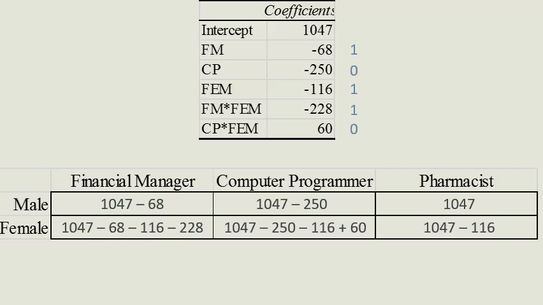For example, the interaction variable between financial manager and female can only equal 1 if both of the indicator variables are equal to 1. And that would mean that we are here at the combination or intersection of financial manager and female.